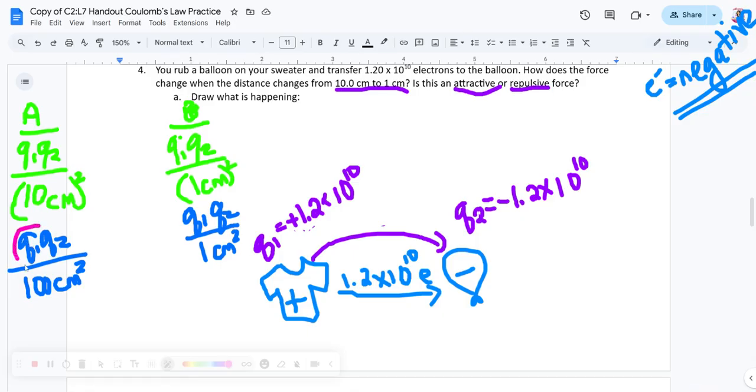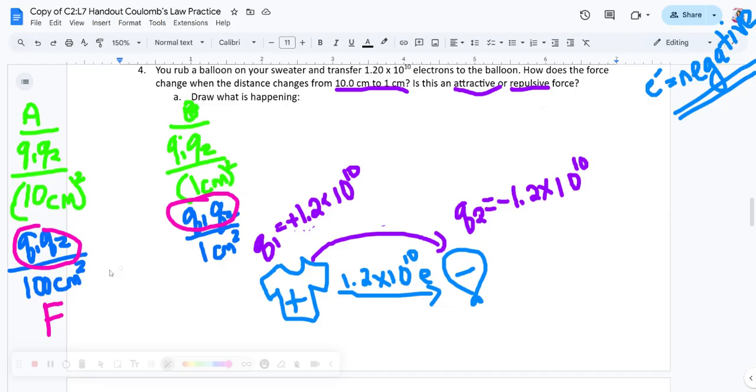Q1 and Q2 are the same, but underneath you have a whole thing going on. So this force has 100 here, and this one has 1.